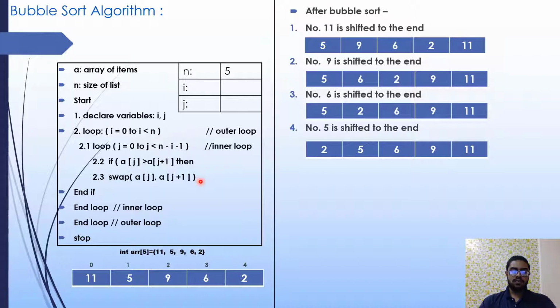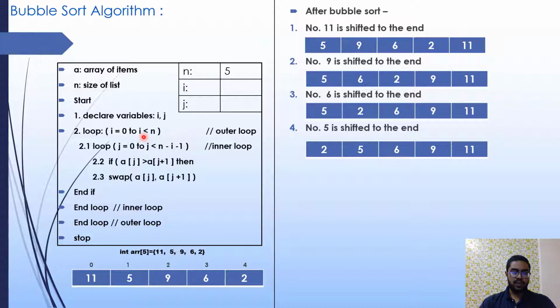Starting with step number 1, declaring the variables I and j, and we are going to keep track of the I and j values when we go through step number 2. In step number 2, there is our first loop, the outer loop, which runs from I equal to 0 to I less than n.